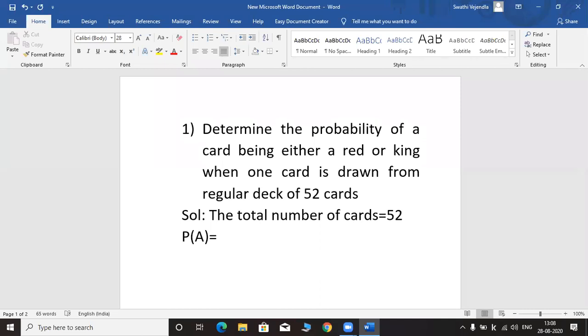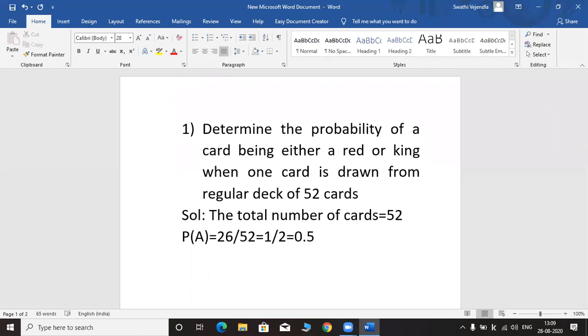So P of A is equal to 26 red cards among 52 total cards, which is 26 by 52. What is the value of P of A? 1 by 2, isn't it? So 1 by 2 is equal to 0.5.